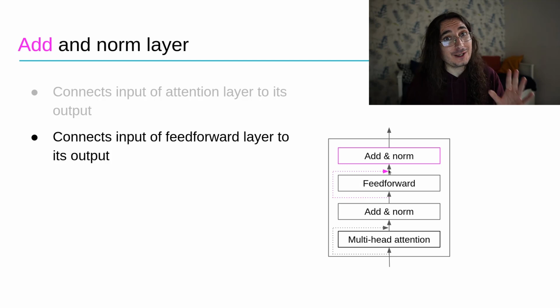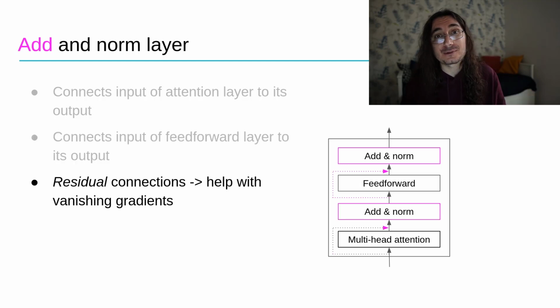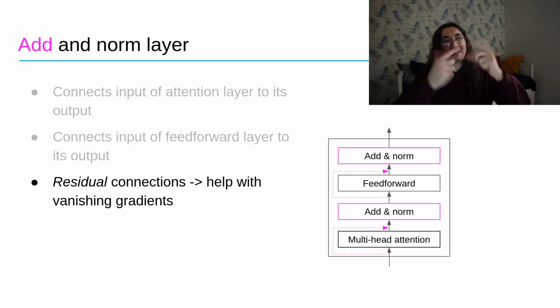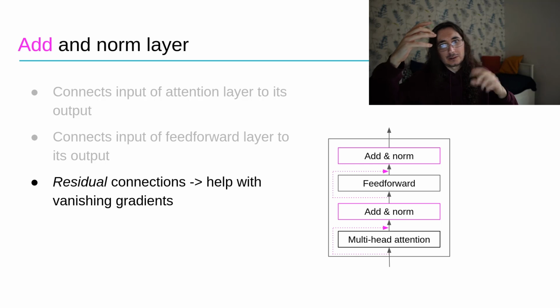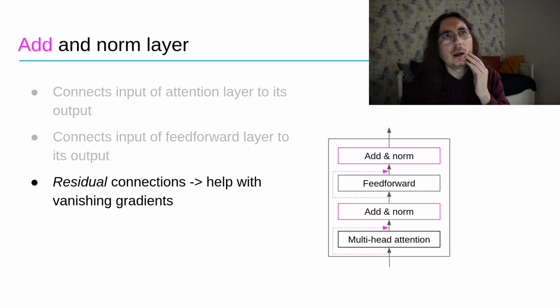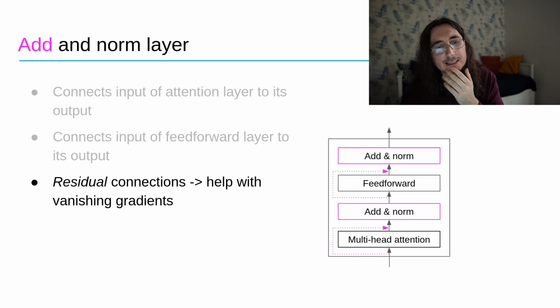If you're familiar with residual networks or residual convolutional networks, these are simple skip connections or residual connections, because they skip one step and then they add the output of that subcomponent to its input. Why do we use this type of skip connections?